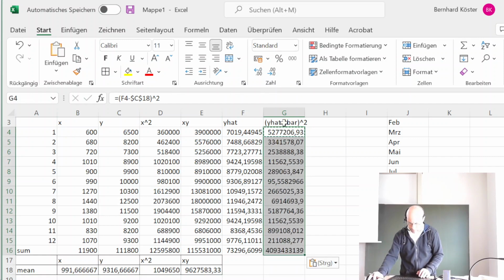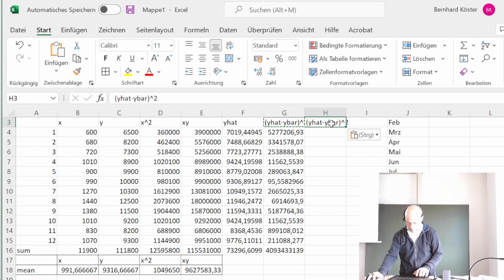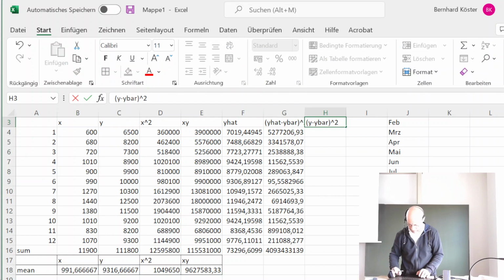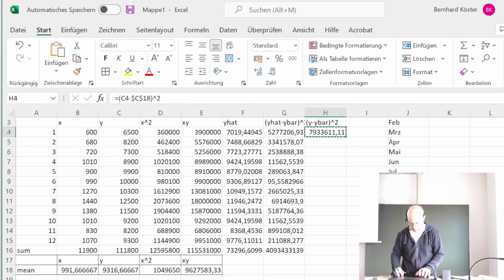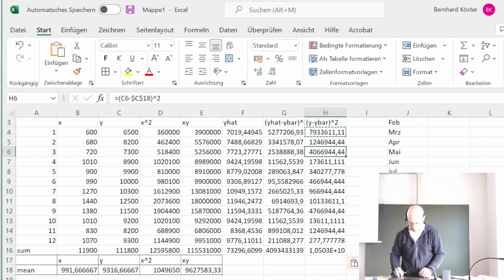And we need also y minus y bar squared. Then we need also the summation.